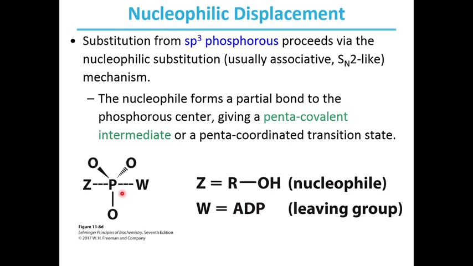And this is how it looks. If this were the electrophilic center, a nucleophile such as an alcohol, Z equals ROH, attacks the phosphorus center, and W is the leaving group, such as ADP. What essentially happens is it goes via a pentacoordinated transition state.